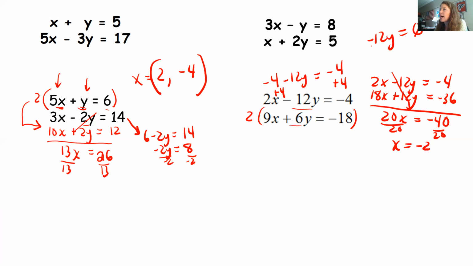I'm going to divide by -12, and 0 divided by -12 is 0. So my answer is (-2, 0). So 9 times -2 is -18, and -18 plus 0 is -18. So that's correct.